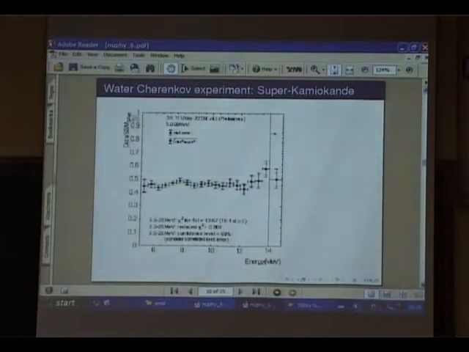Data divided by standard solar model, so no oscillation is 1. So this is actually a flat line. You can see some chi-squares here. Chi-square for a flat line is 13 for 18 degrees of freedom. So chi-square per degree of freedom is 0.80.